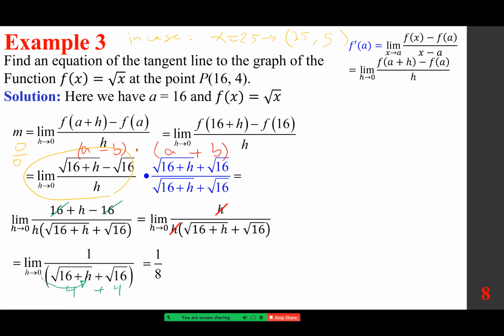And we're going to use y minus y1 equals m times x minus x1. And we put the pair. So y minus 4 equals 1 over 8 times x minus 16. Distribute the 1 over 8.